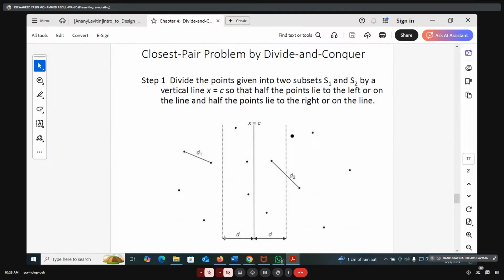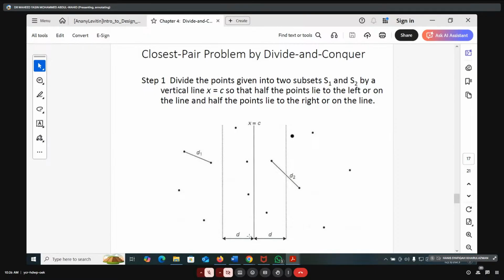Maybe the points are here. So I will draw a line, and it will cross 1, 2, 3. Then I draw another line here, and it will go 1, 2, 3. So here it will be 6 points, and we cannot have more than these 6 points.